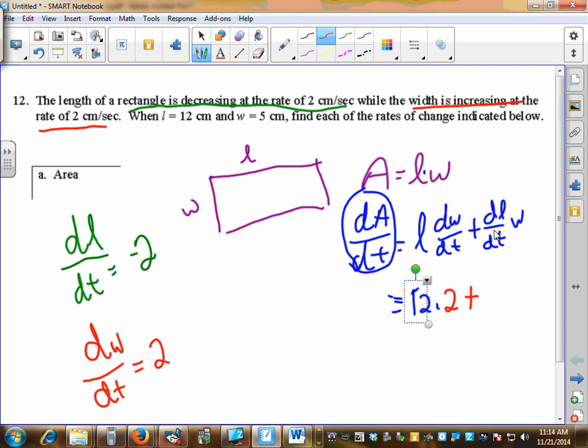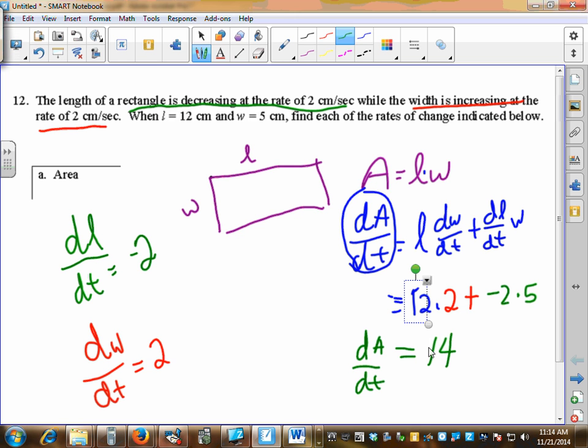What about dL over dt, Holly? And then W is what, Erica? All right, and bring it on home for us, Aaron. That's going to be what? Which is 14, and remember that was dA over dt.